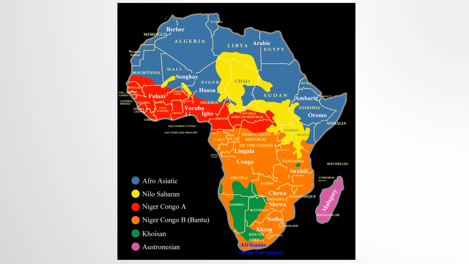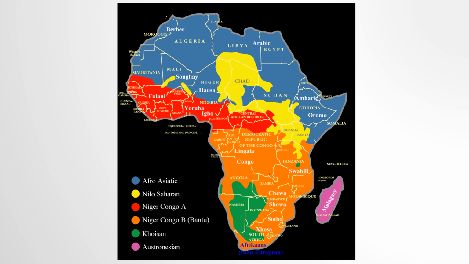Here's your map of Africa in regards to the different language groups. One of the biggest impacts on the Niger-Congo B, which is a Bantu base, is because of the Bantu migrations, which we'll talk about. The Afro-Asiatic, the blue that you see there, is another language family that is Arabic. So that's where we get our Arabic base. And then, of course, you have your Niger-Congo A. You can see where the Sahara Desert is going to have a huge impact on what language is spoken where.